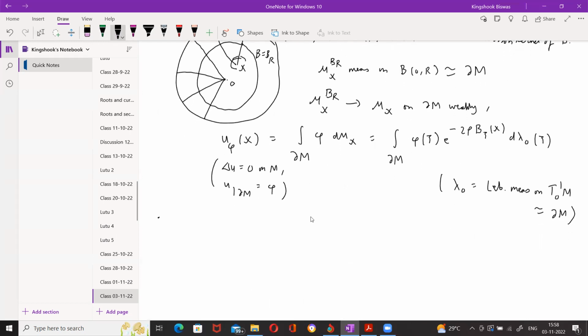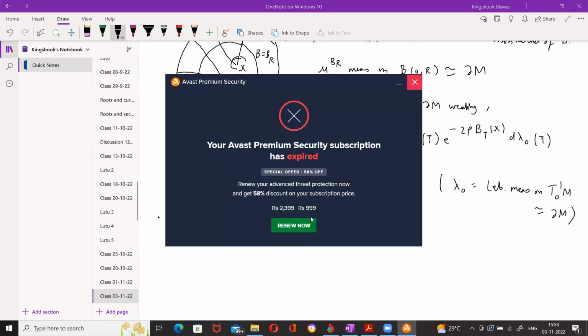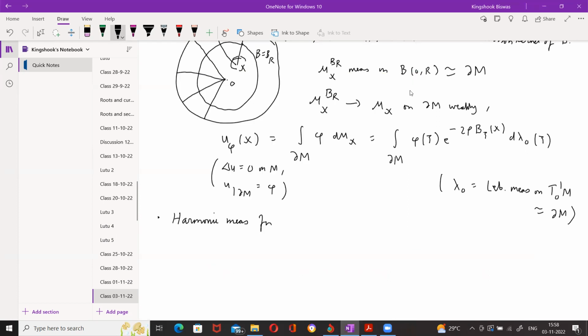So harmonic measures you can describe in terms of the Green's functions for the ball. So, harmonic measures for B in terms of Green's function.